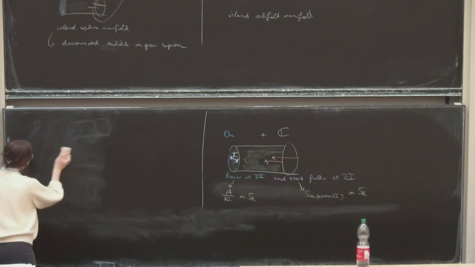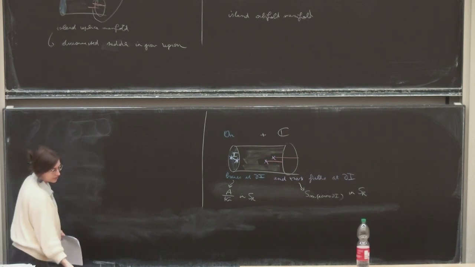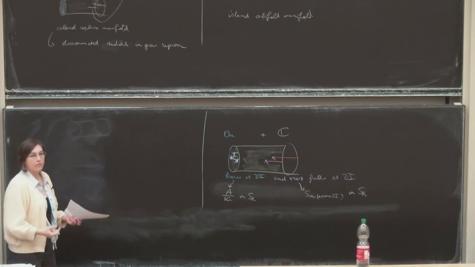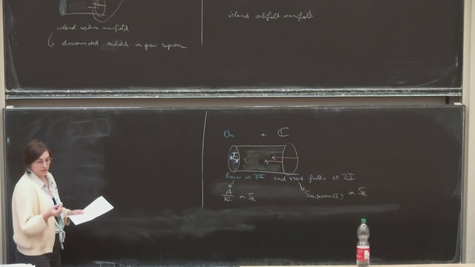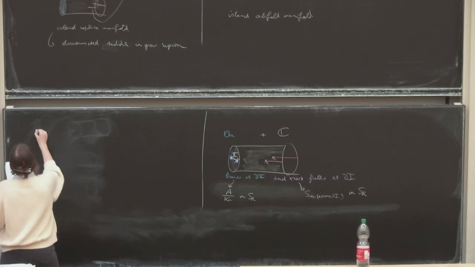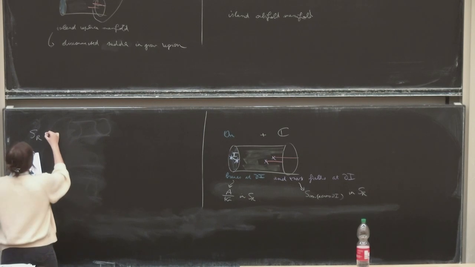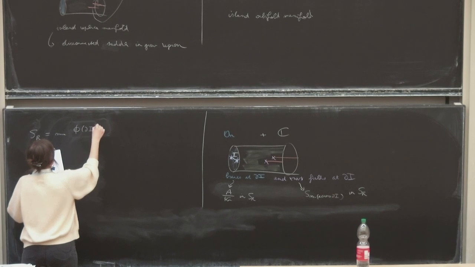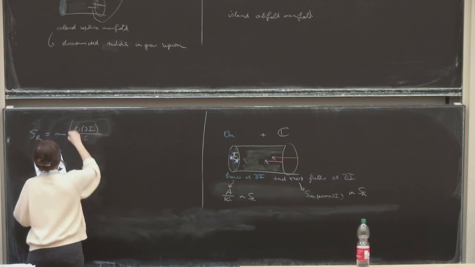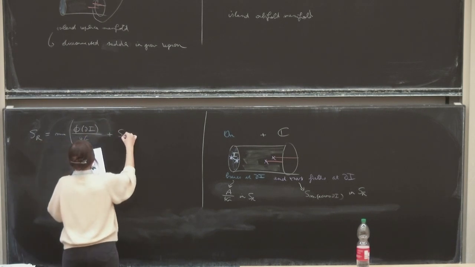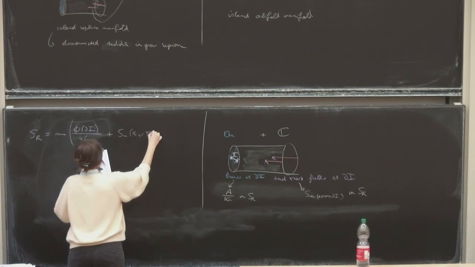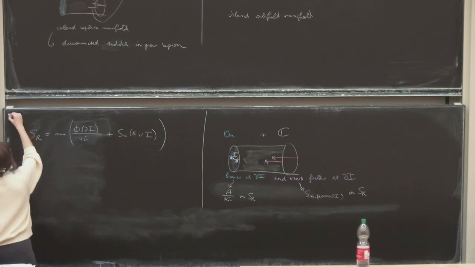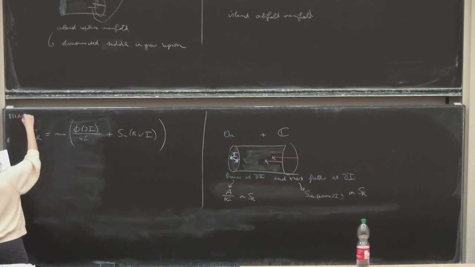No, sorry, you find a formula for the radiation entropy that has been given the name island formula. And so that island formula is the following. So this is called the island formula.